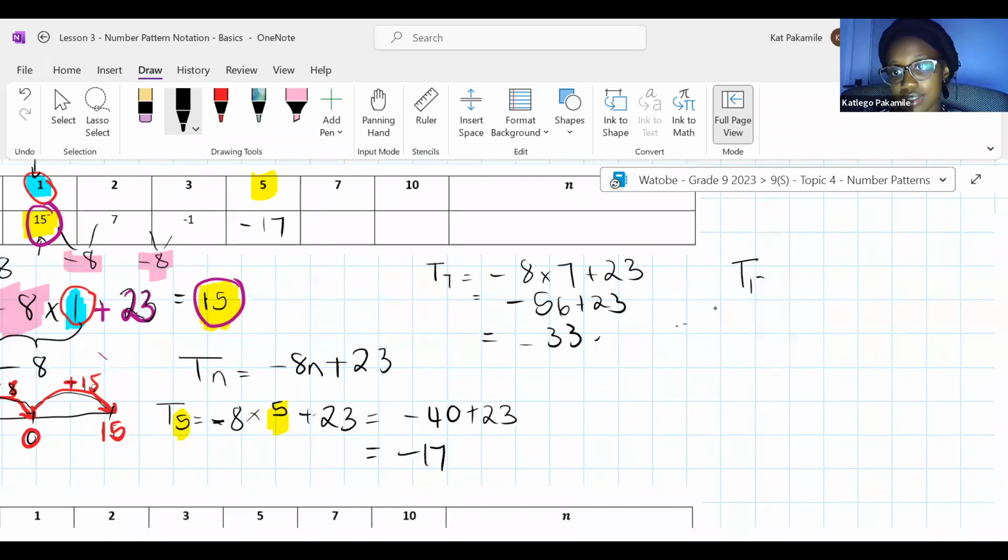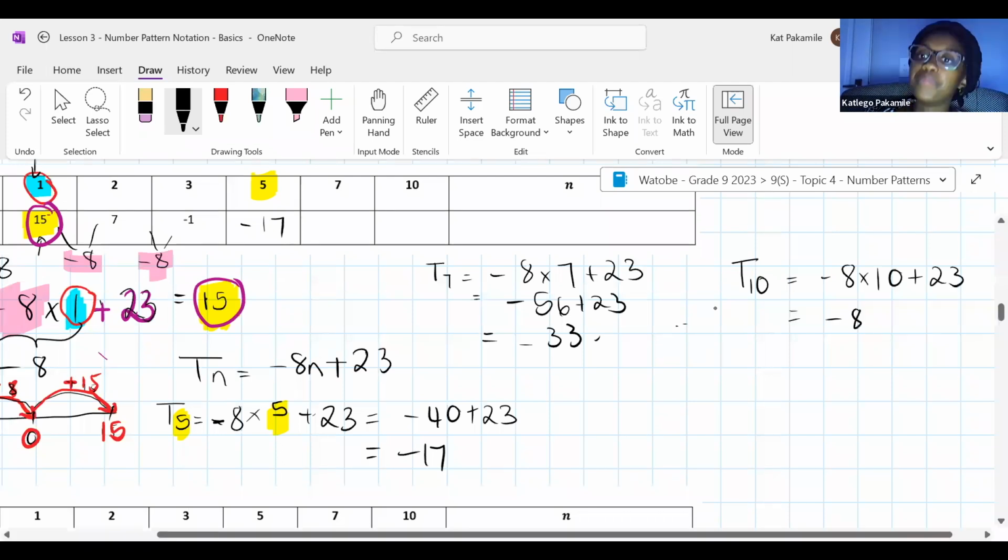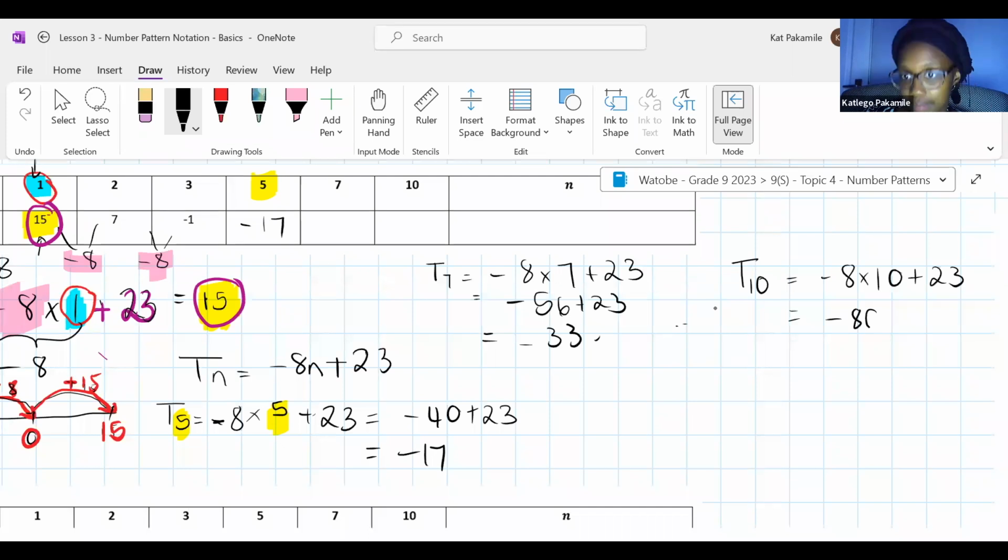T10 is negative 8 times 10 plus 23. And the answer was negative 80 plus 23. And the final answer was negative 57. Thank you very much.